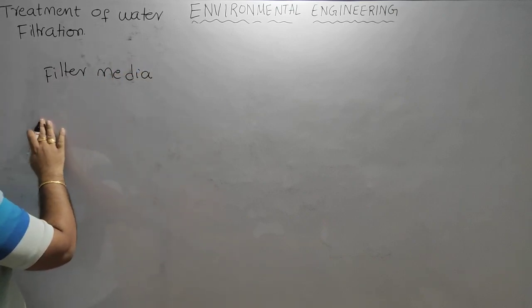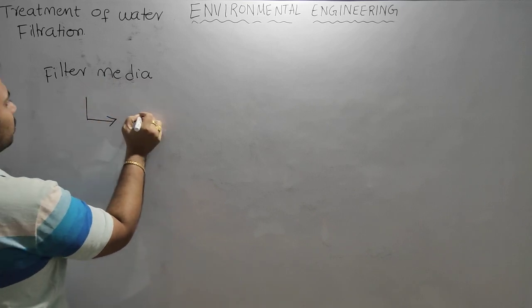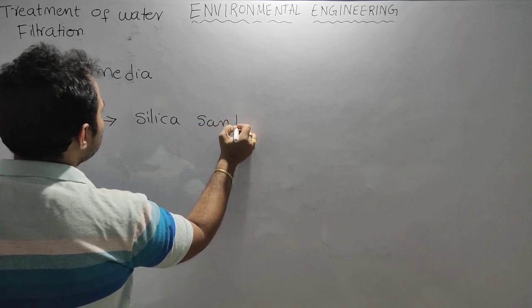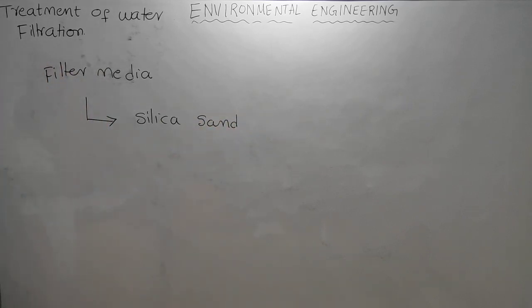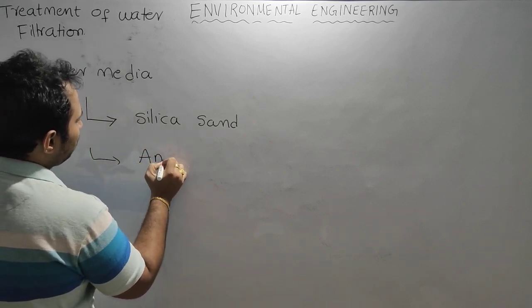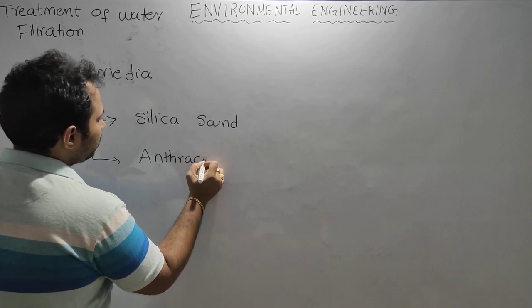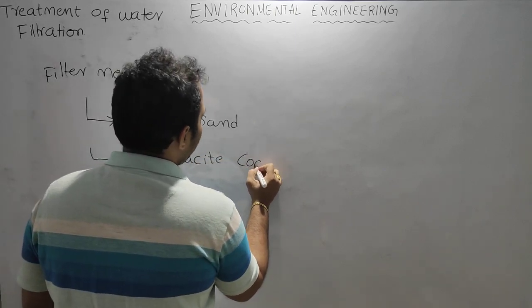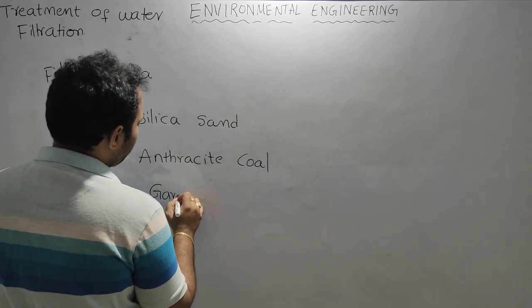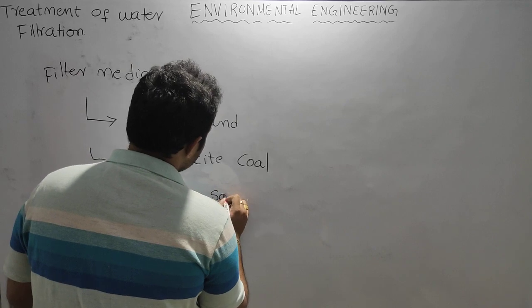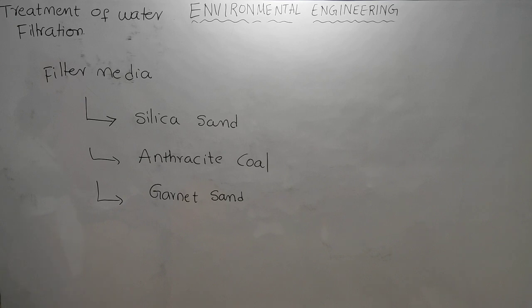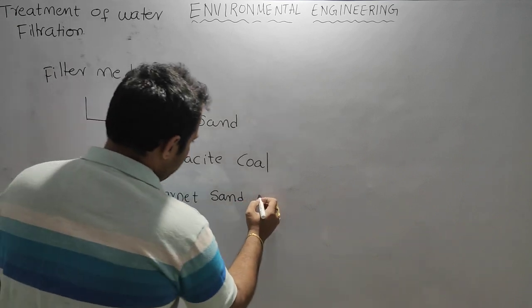Either we use silica sand, or simply natural sand, and anthracite coal, and garnet sand. That means pebbles, crushed pebbles, pebble stones, or green sand.